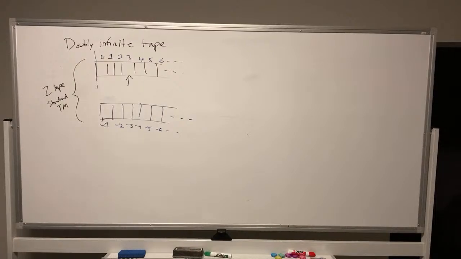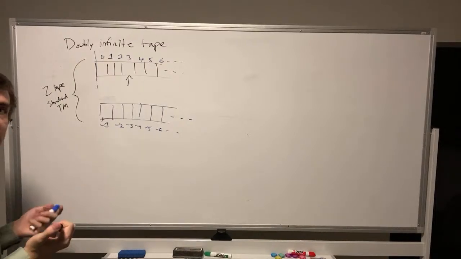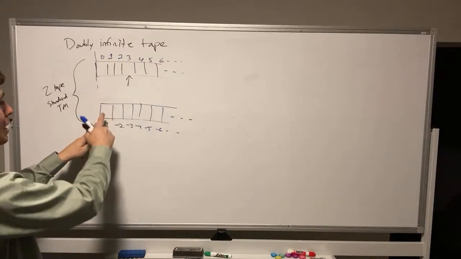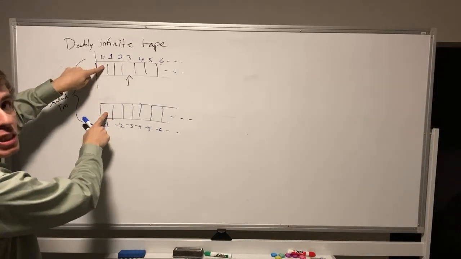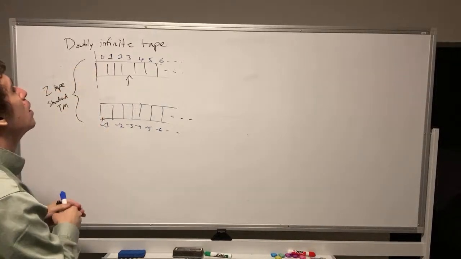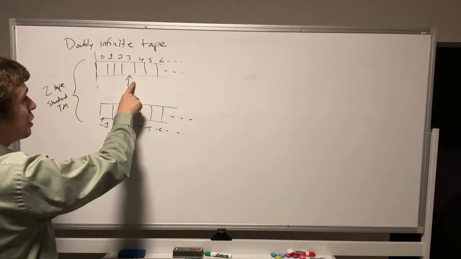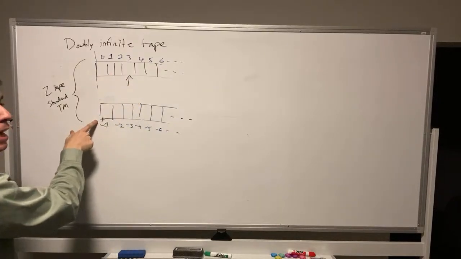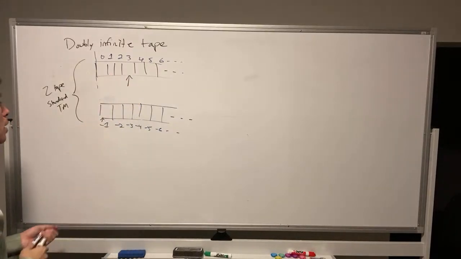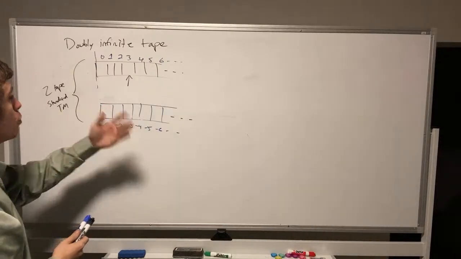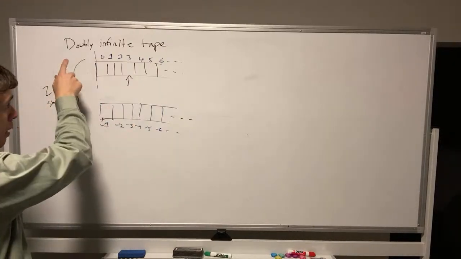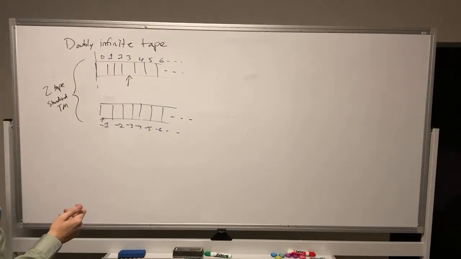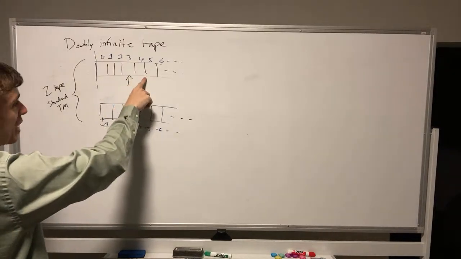What we do is we try to maintain that only one of them is ever past the starting cell of both. This one is past the starting cell, so this one actually doesn't need to move at all. So what the transition would do is exactly what the doubly infinite tape machine says to do, except we would move this guy.